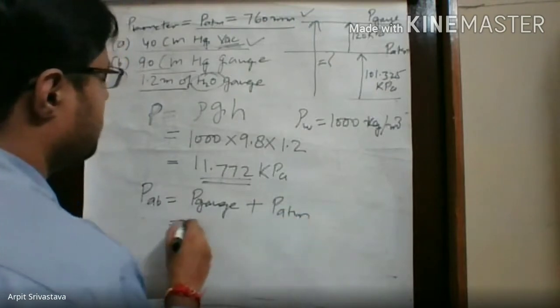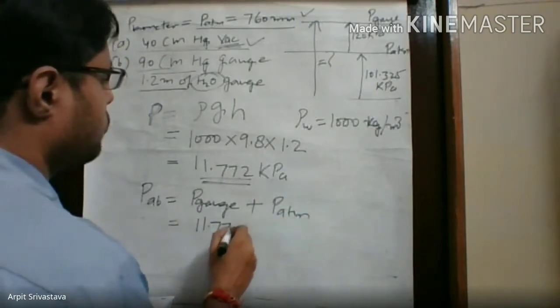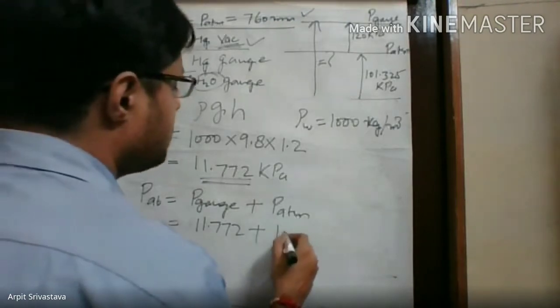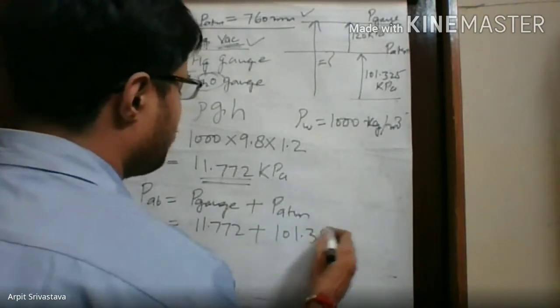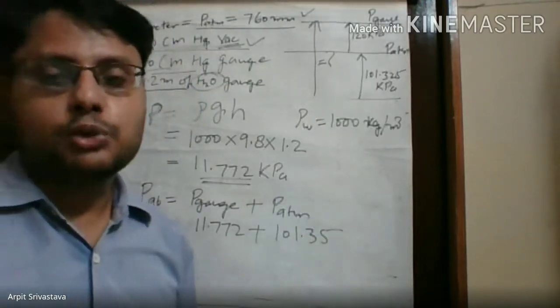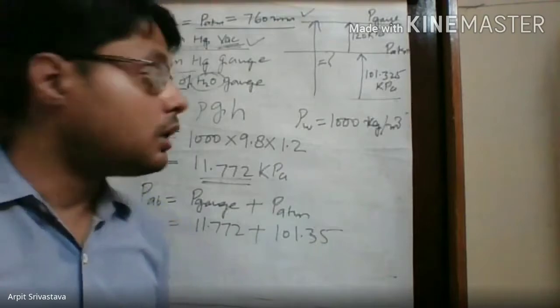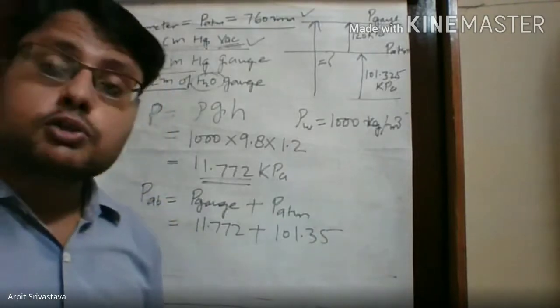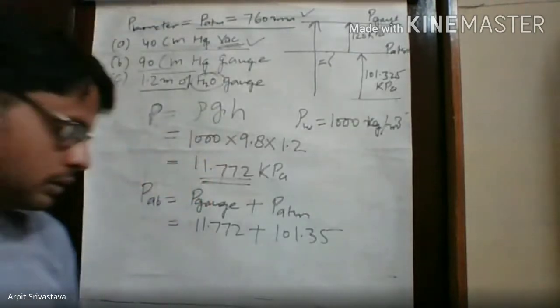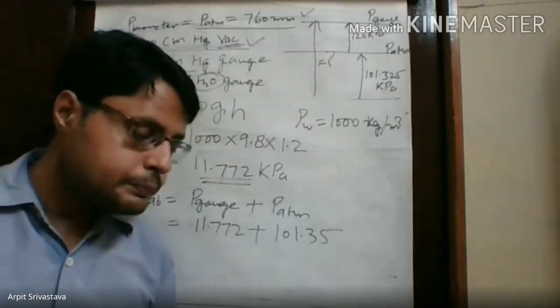So here 11.772 plus P atmosphere, that is equal to 101.325. So by simply adding, you will get the absolute pressure value with respect to this 1.2 meter of H2O gauge pressure. So that is all about this first problem.